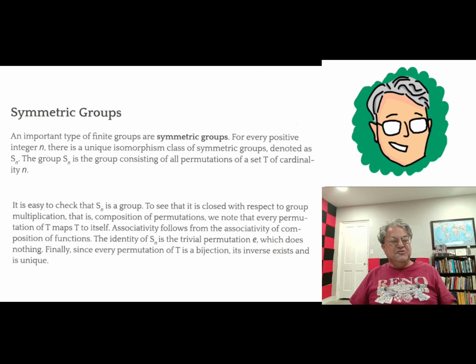So it is associative because of the associativity of functional composition. What about identity? That's easy. Well, the permutation that does nothing. The permutation just leaves everything alone. That's the identity element, because you multiply that by any other permutation, you get that permutation. Pretty obvious.